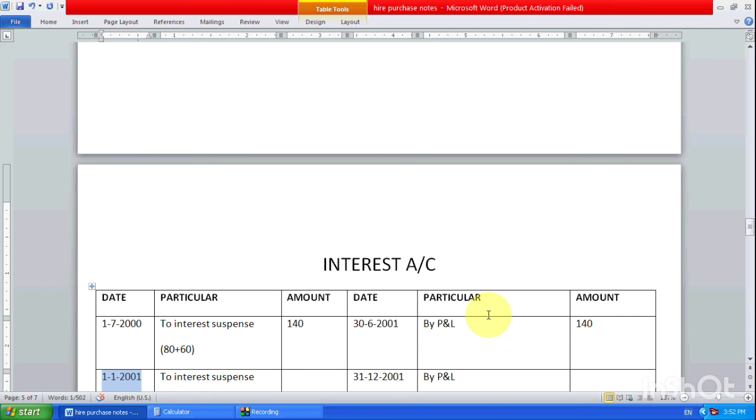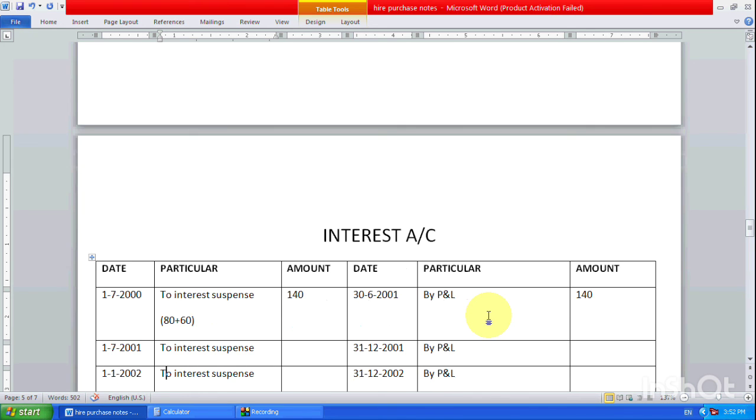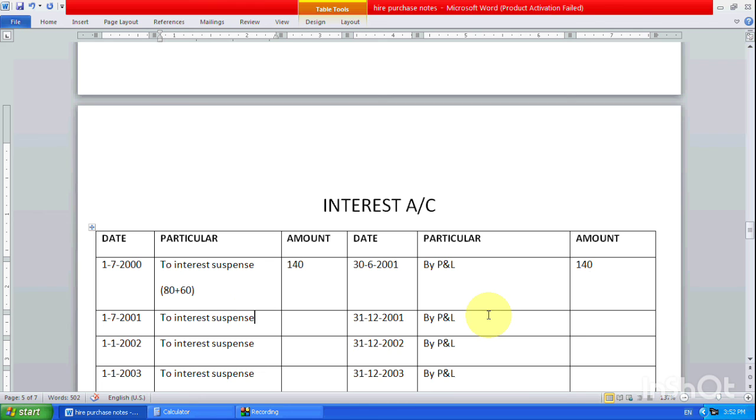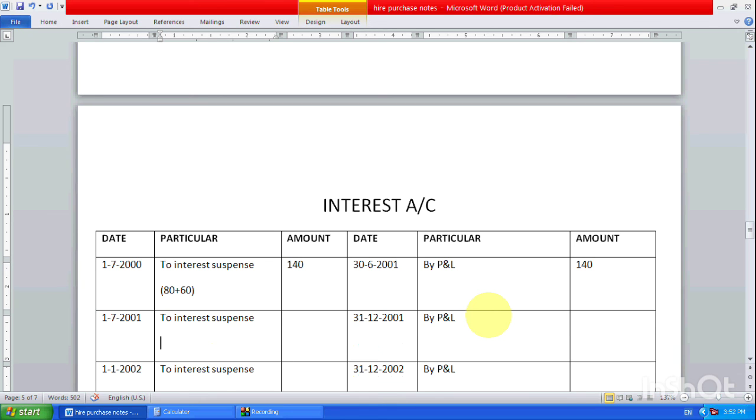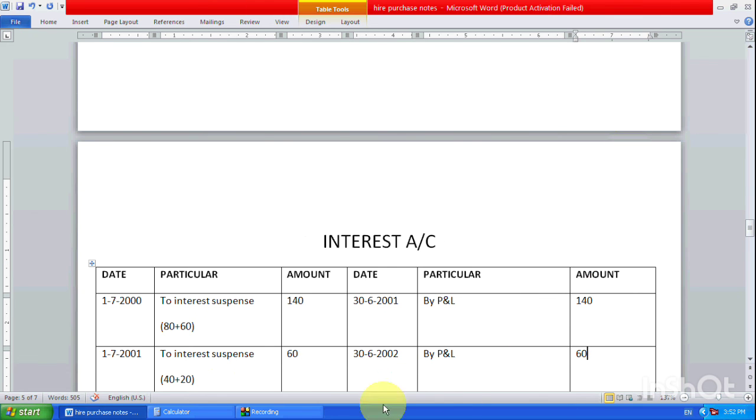Now second, 1st July 2001 to interest suspense account, 40 plus 20 is 60. Here 30 June 2002 by P&L 60. This is only 2 years we have to pay for.